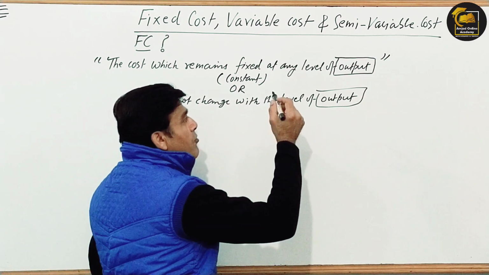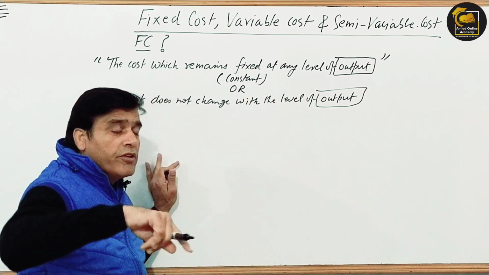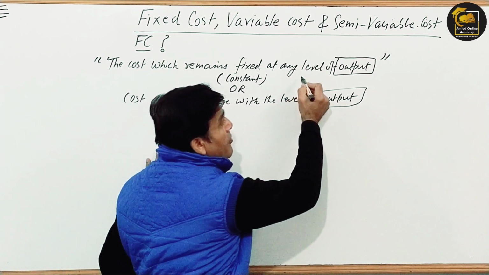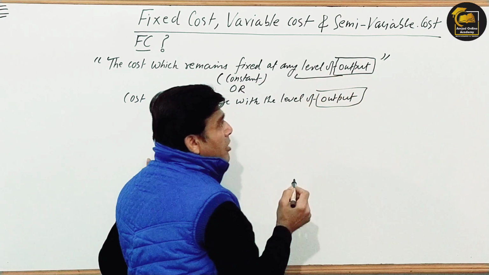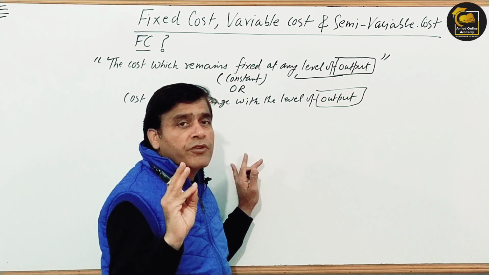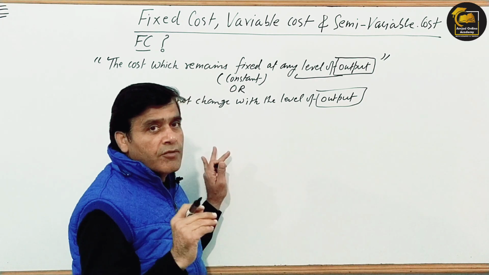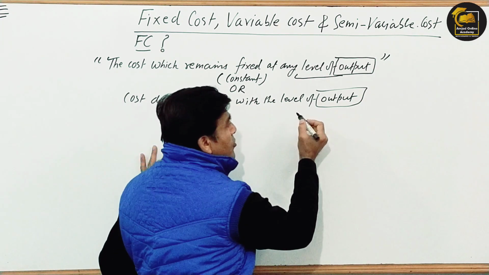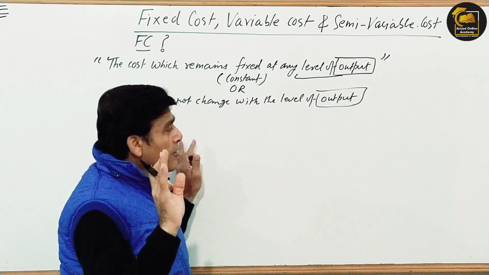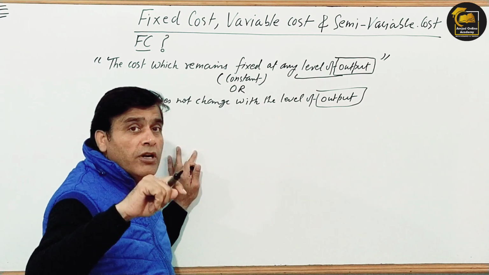What I want to make you realize here, what I mean to emphasize or stress upon, is that level of output. You should understand level of output, because there are some differences between volume, output and capacity, what we are producing, volume, right? So output here means, for example, if you have established a plant, that will have an installed capacity.